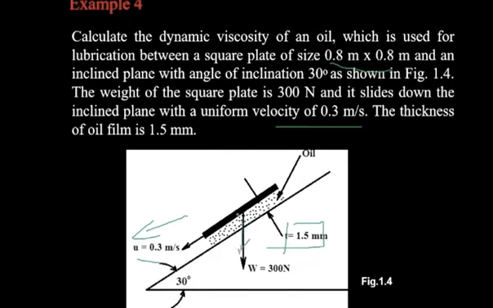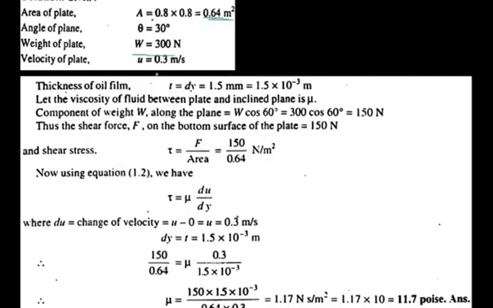But this plate is inclined, so the weight will be towards downward, right? So this is also 30 degree, this is also 30 degree. Same like the wedge problem initially. So weight of the plate will be 300 Newton. The velocity of the plate is 0.3 meter per second.